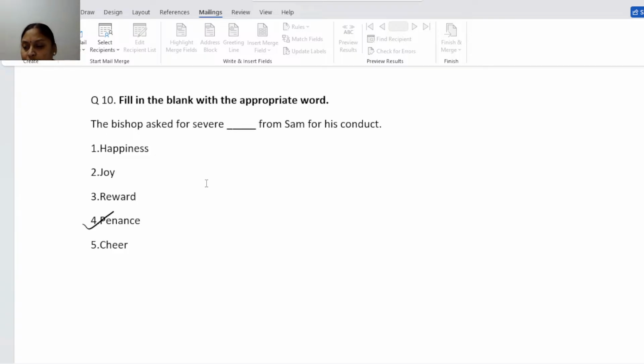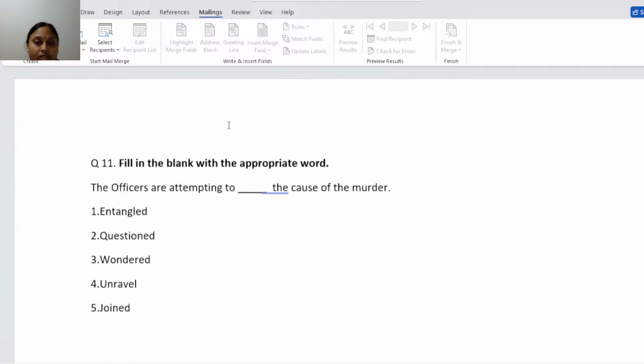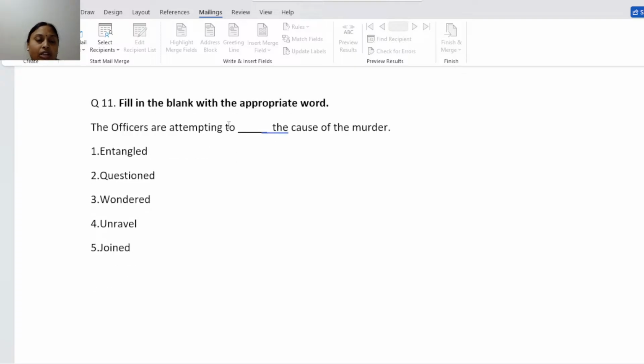Penance is nothing but voluntary self-reflection. Whenever we did some mistake, self-correction must be done. That is known as a voluntary act of self-punishment. So penance will come in the fill in the blank here. The bishop asked for severe penance from Sam for his conduct, whatever the mistake he did. Regarding that, he has to take the initiative and rectify it.